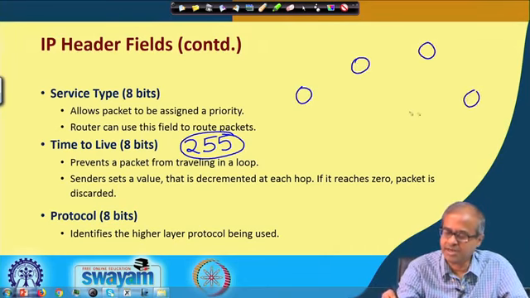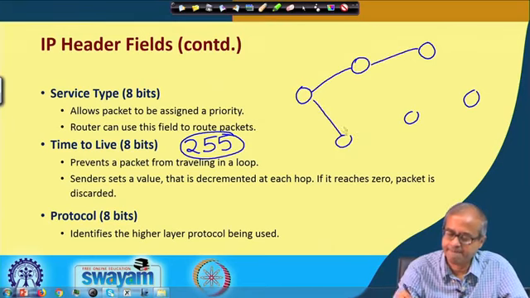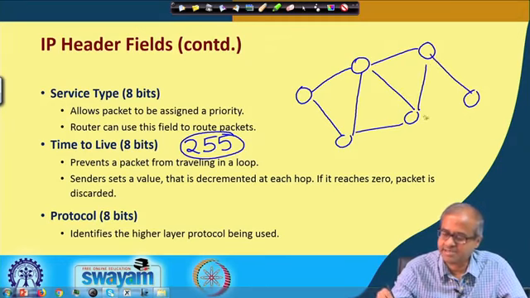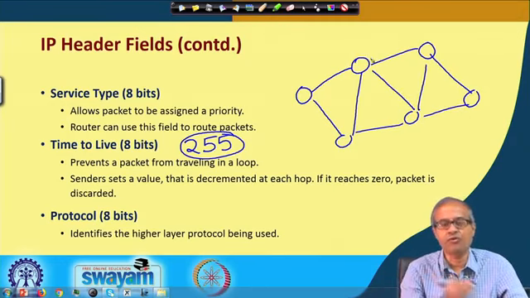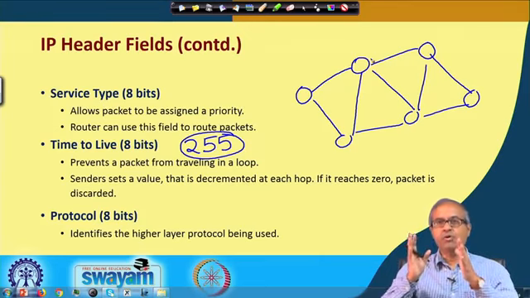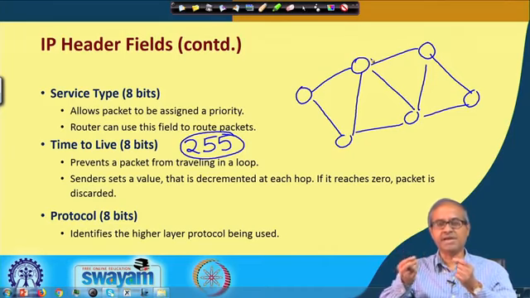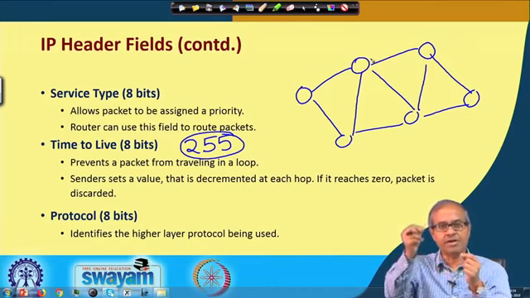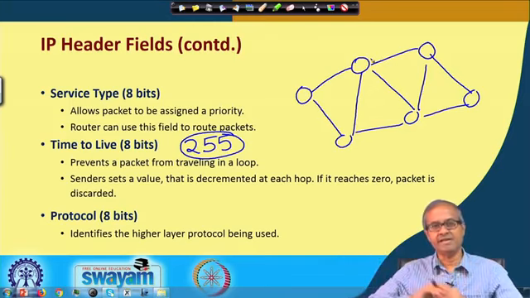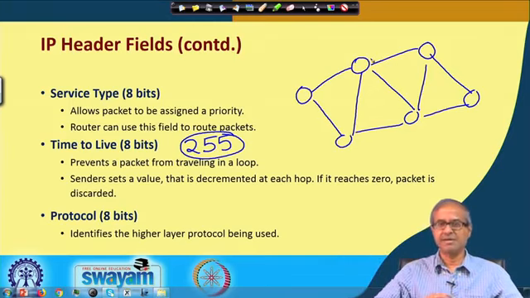These are all intermediate nodes, these are the routers, let us say. So, these IP packets will flow from one node to the other. Now, normally what do you expect? That you will be giving the destination address. Normally, you would expect that the packet will be forwarded in the right direction and will finally reach the destination.